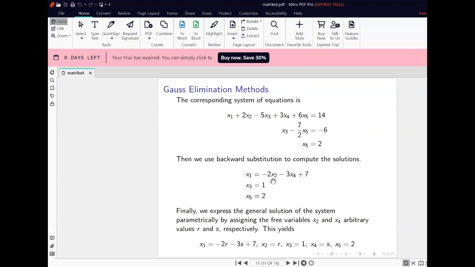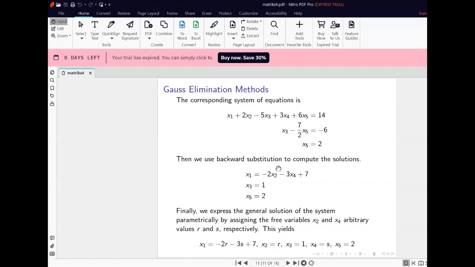Because this expression is not quite obvious, not clear enough, we have to express the general solution to the system parametrically by assigning the free variables x2 and x4 arbitrary values r and s.